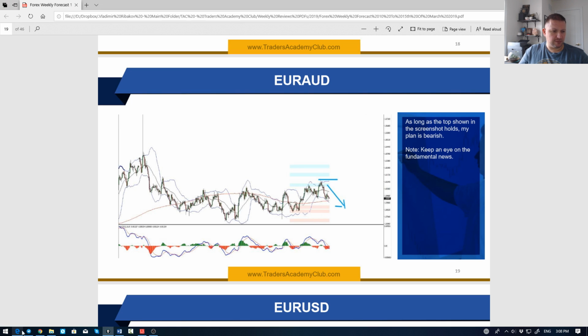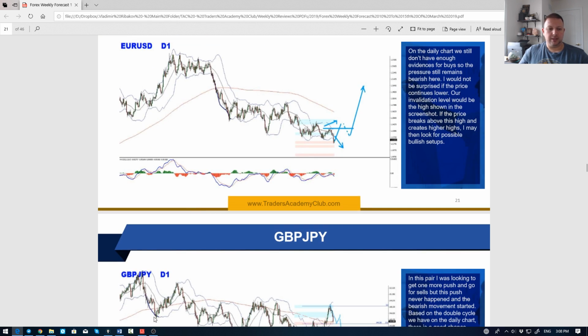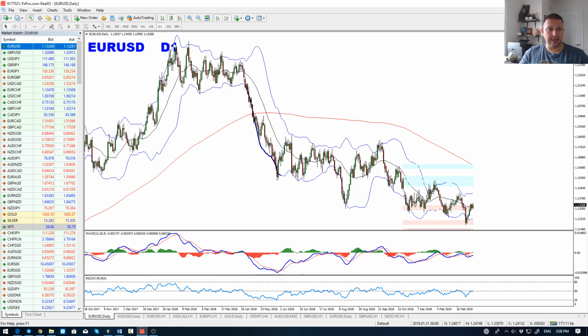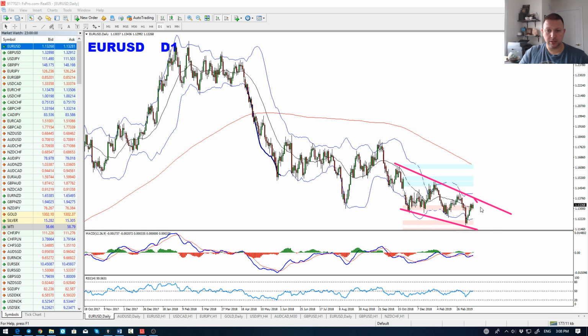Next one on the list for us is the euro versus the dollar. Now this one I am bearish, and I am bearish as long as this top would not break. If it breaks, we can start looking to buy retraces, basically a deep correction for this double cycle. If it does not break and holds this structure, so as long as this one holds, we could be looking for sell setups.